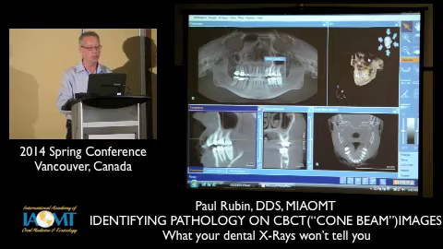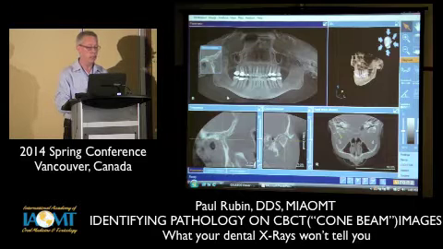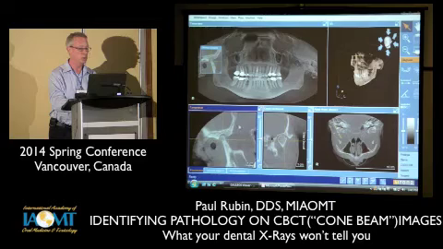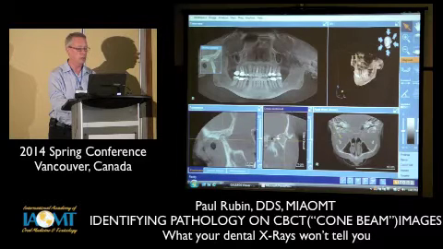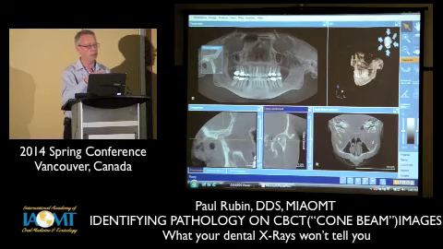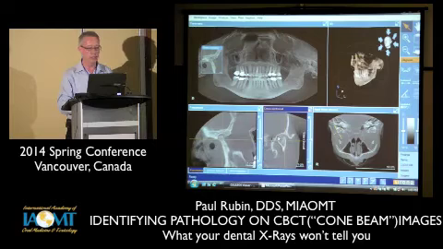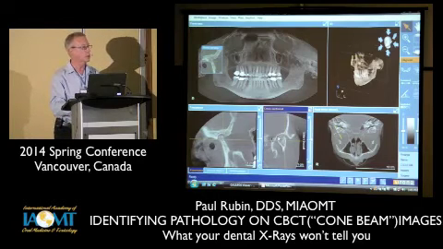You can use this slicing window again to look at the TMJ and navigate through there, and you can look at the joint space, and you can look at it in different dimensions. Tangential, cross-sectional, axial, and see what does the bone look like, what does the joint space look like.